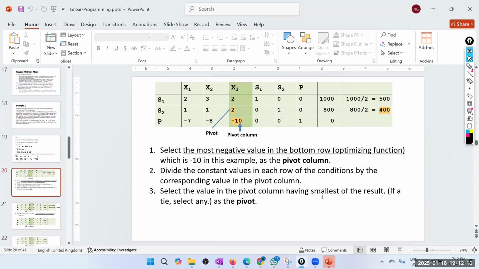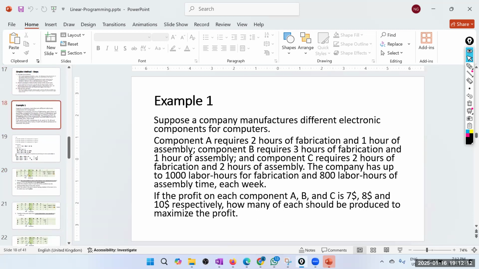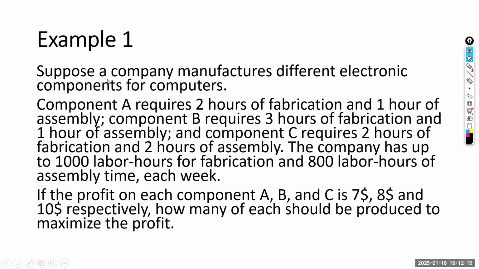So let's quickly do it. This is our problem. Suppose a company manufactures different electronic components for a computer. Component A requires 2 hours of fabrication and 1 hour of assembly. The idea is how many components you want to manufacture to maximize your profit. You have the flexibility to decide how many A components, how many B components you want to manufacture.